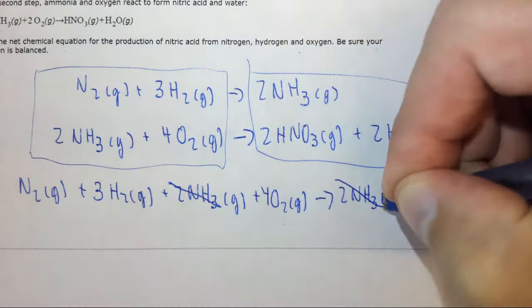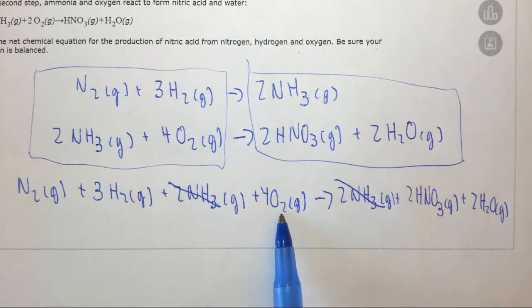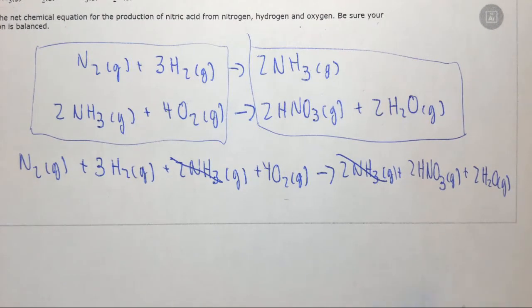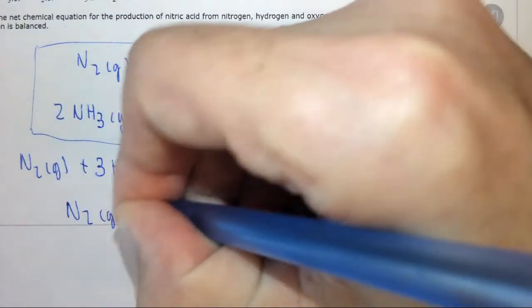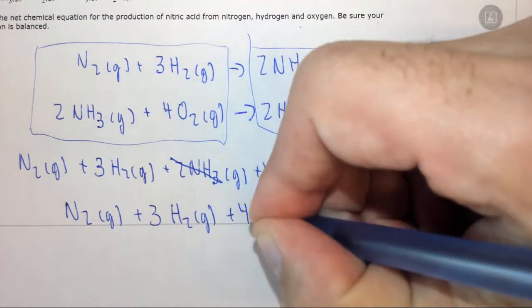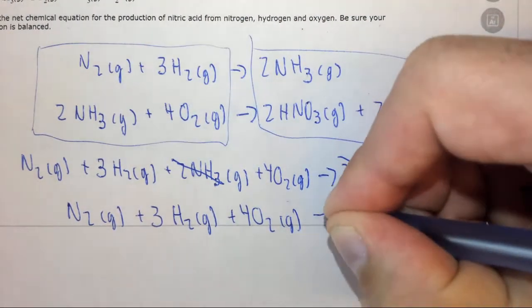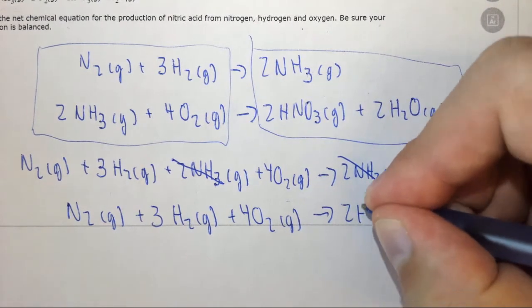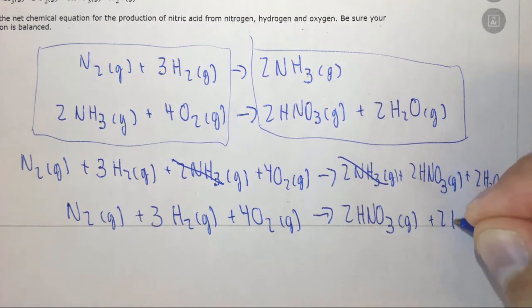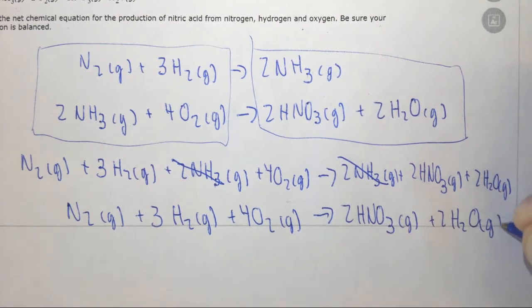I can cancel that out. 4 oxygens on the reactant side, no oxygen by itself on the product side, so I can't cancel that out. Now I rewrite what is called the net equation, N2 gas plus 3H2 gas plus 4O2 gas yields 2HNO3 gas plus 2H2O gas.